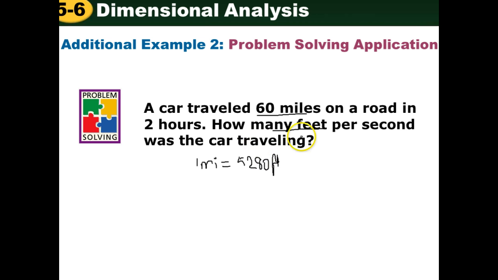Another thing that we have to worry about is the hours. So we need to go from hours to seconds. Now, we all should know this by now that 1 hour is equal to 3,600 seconds.